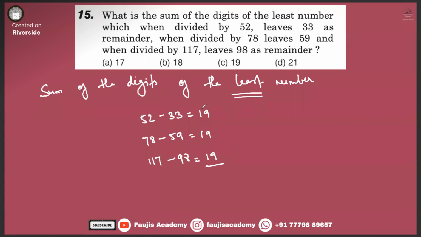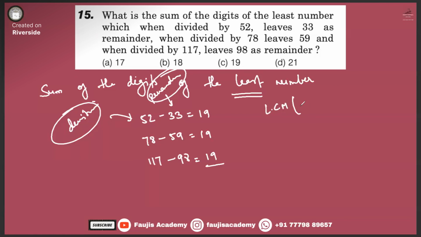Now, how will you proceed? These are the remainders that need to be there, and these are the numbers with which the division has to take place. So we find the LCM of 52, 78 and 117 and reduce 19 out of it.